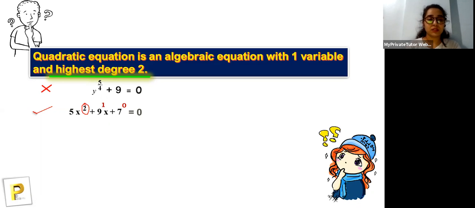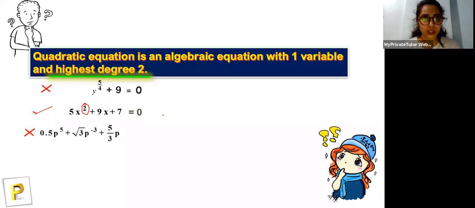Let's check out some other examples. You have 0.5 p to the power 5 plus root 3 p to the power minus 3 plus 5 by 3 p. Now let's observe. Is it an equation? It is not an equation. So if it's not an equation, how would you identify whether it is quadratic or not? First of all, it is not an equation.